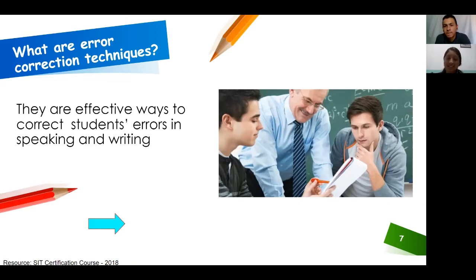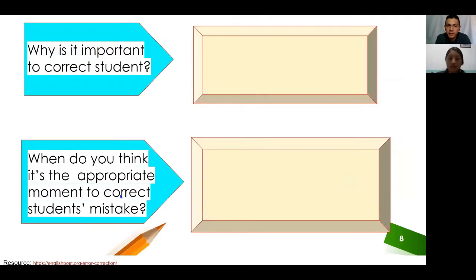Exactly, and I have here a small definition. It says, there are effective ways to correct students' errors in speaking and in writing. There are many ways we can correct students in different skills, but we're going to focus on speaking errors. Only speaking? Yes, that is going to be the main topic of this session.